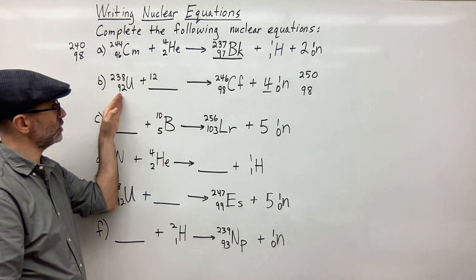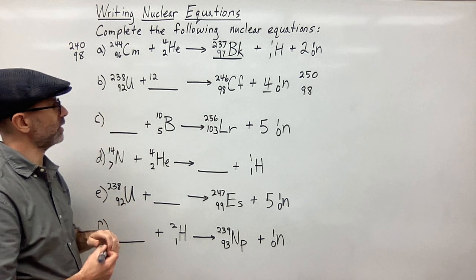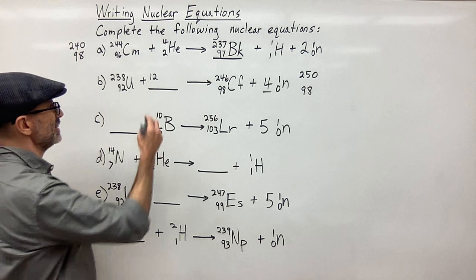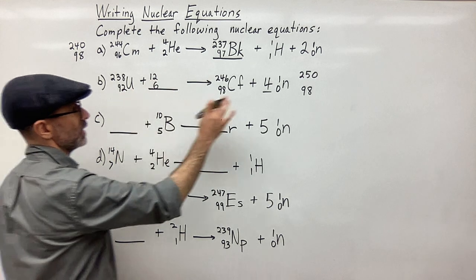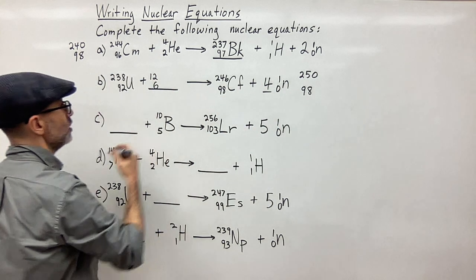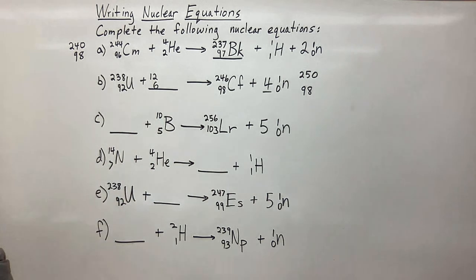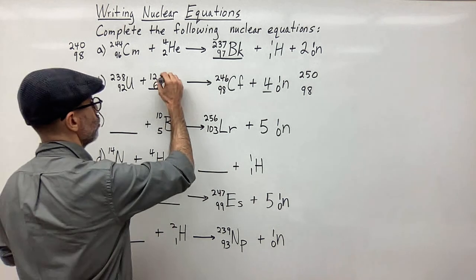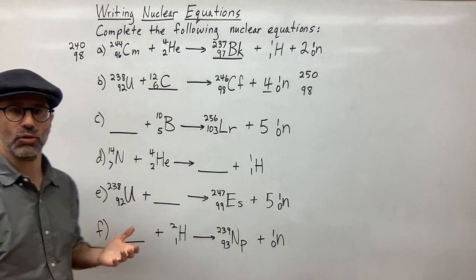So I have 92 here. 92 plus what gives me 98? That's going to be 6, right? 6 plus 92 gives me 98. So now that I have the atomic number, I can look that up, and that is carbon. So C for carbon. Okay, so far so good.